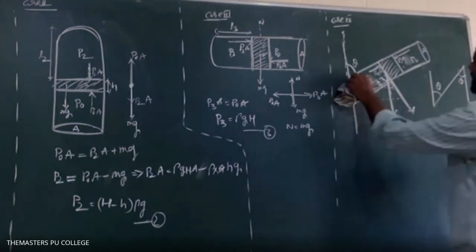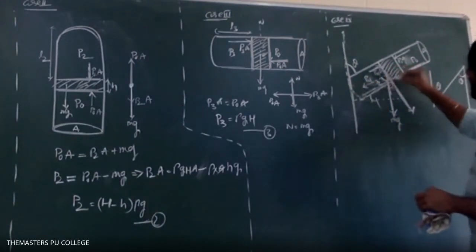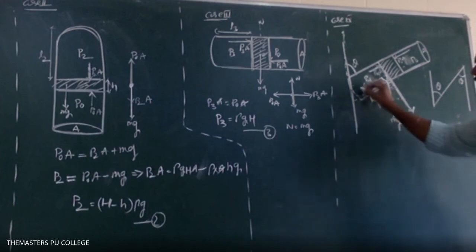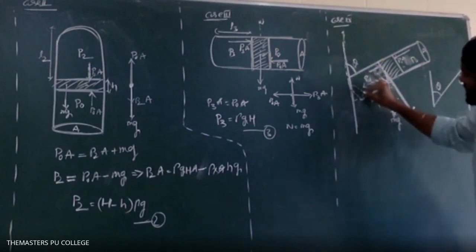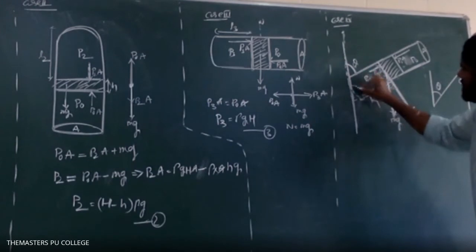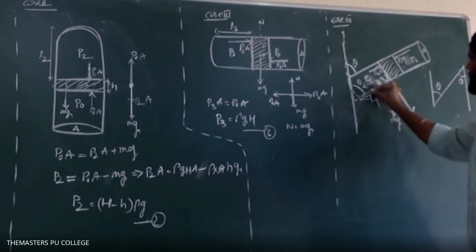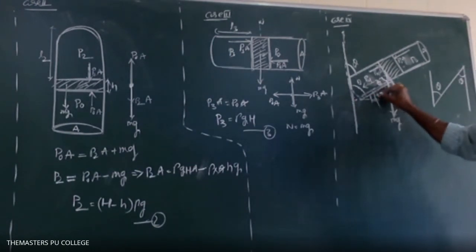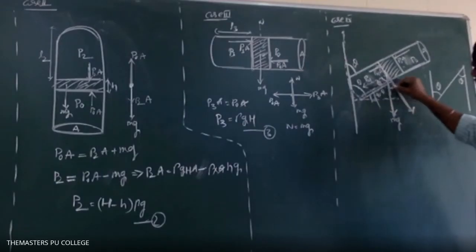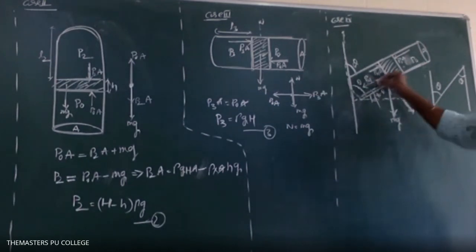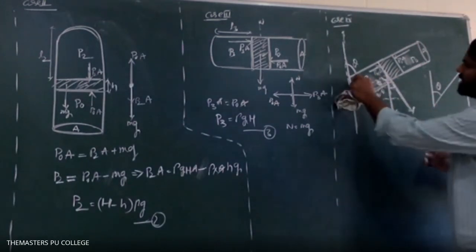This is theta. Got it? How can I get this? Observe clearly. This is an angle theta, so this is also theta only. Isn't it? This is also theta, so what is the rest of the angle? The rest of the angle will be 90 minus theta. So this is 90 minus theta, which means this is also 90 minus theta, and then this will be theta. So if I resolve the mg, this will be nothing but what?